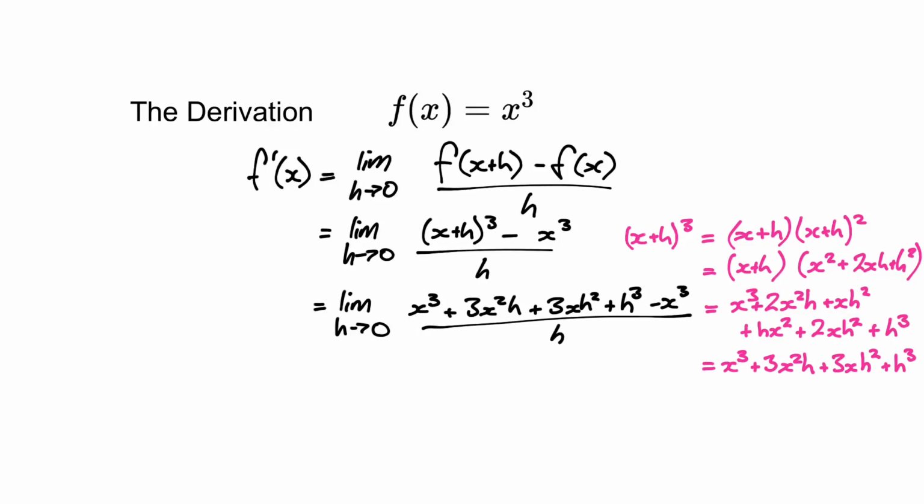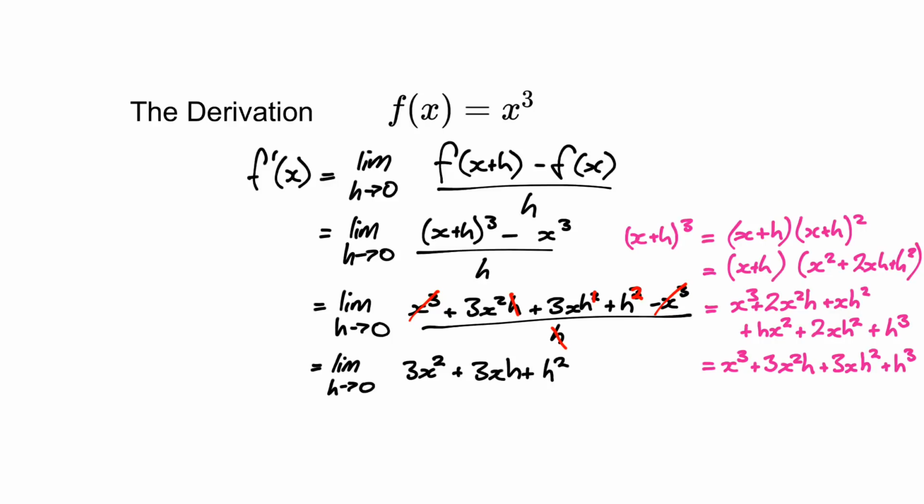So our function now has an x cubed and a minus x cubed, so we can just cancel those. And our remaining values all have an h in them, so we can cancel those out. So that becomes just a 1, that disappears, that becomes a 1, and that becomes a 2. Rewriting this now gives us the limit as h tends towards 0 of just 3x squared plus 3xh plus h squared.